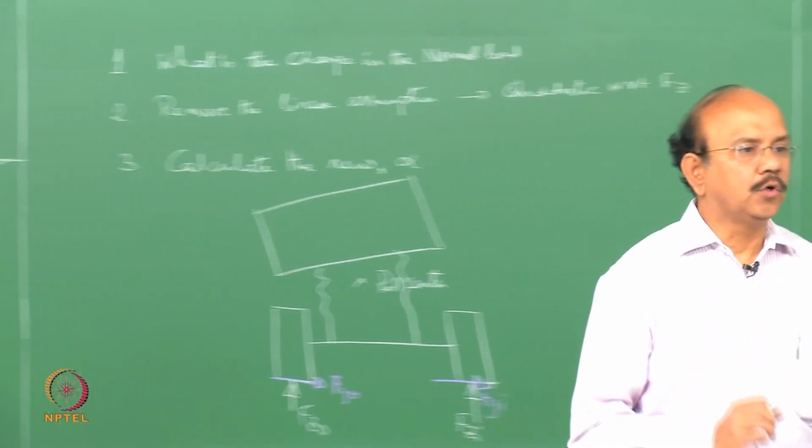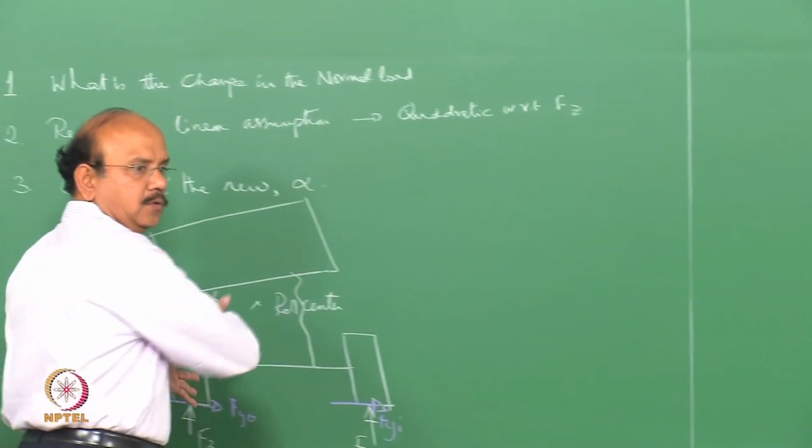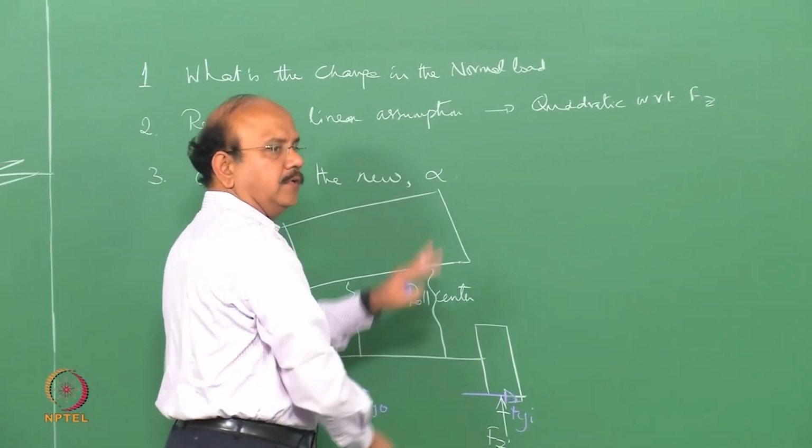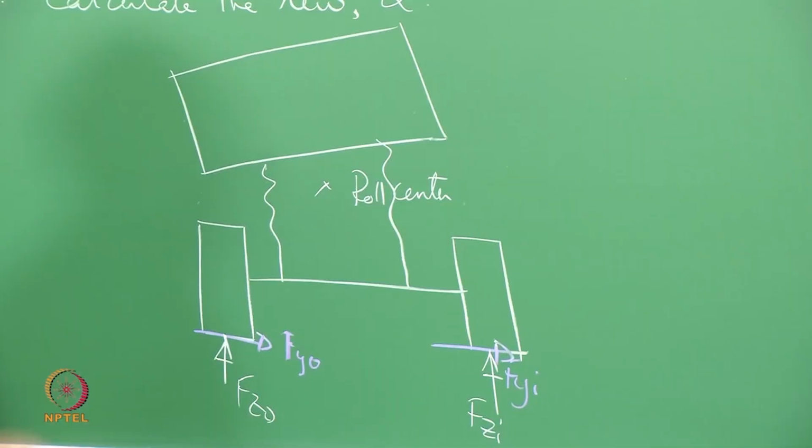So this is turning like this, to the right, and so the roll is to the left. That's why I call this outer and this inner. I don't want to call it left and right, because it can be the other way.